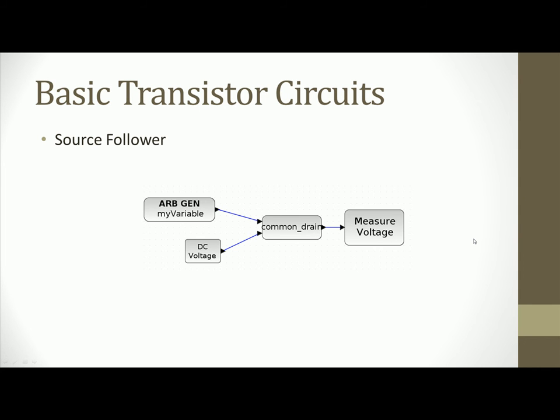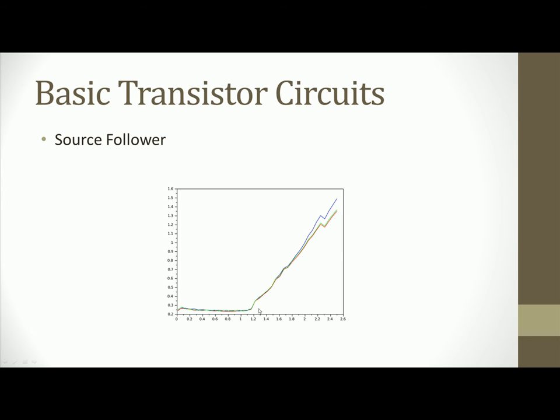For the source follower, we do that in this infrastructure, which is a DC voltage connected to the drain, and at the gate we sweep the gate voltage and measure the source voltage. We change the drain voltage to 3 different values.